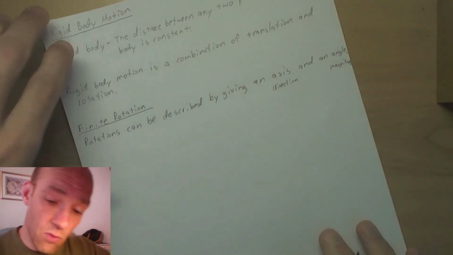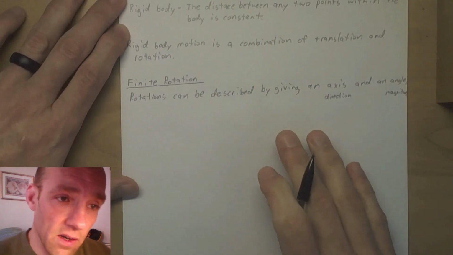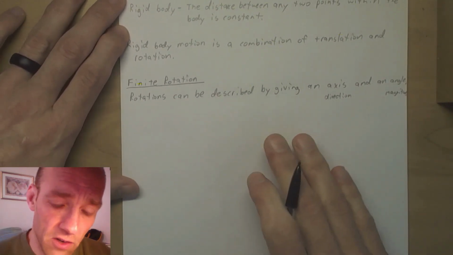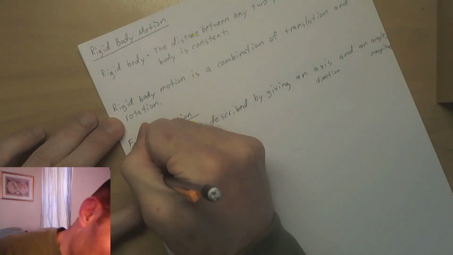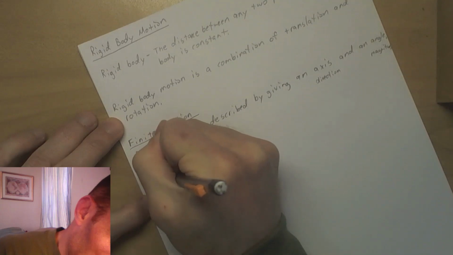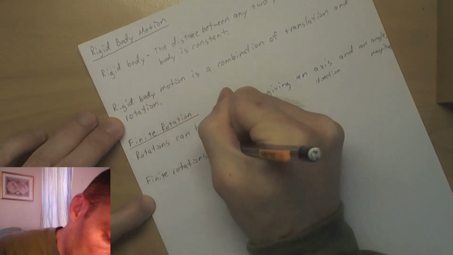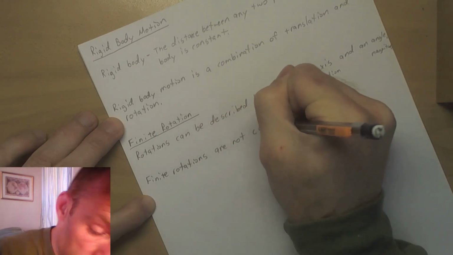However, if we're talking about finite rotations, they disobey one important aspect of vector mathematics, and that is that finite rotations are not commutative.